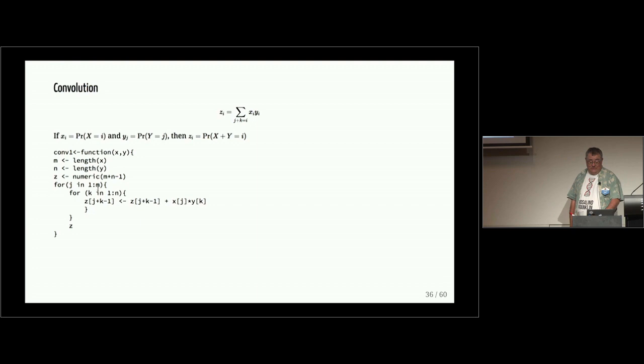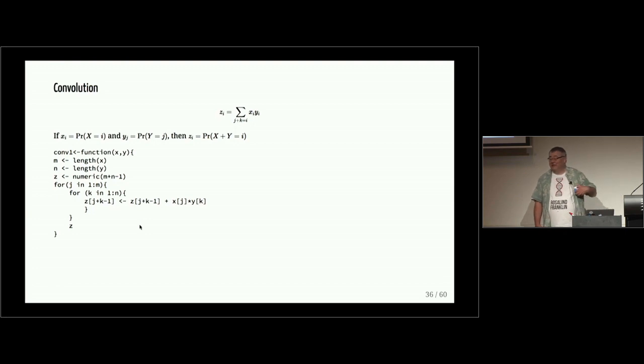You loop over the elements of x, you loop over the elements of y, and then you multiply those together, and then you add that to the appropriate element of z, or z, depending which country you're in. And so this takes mn operations.